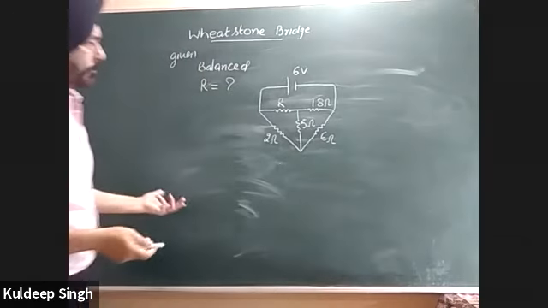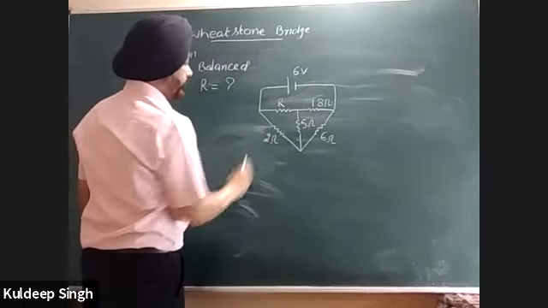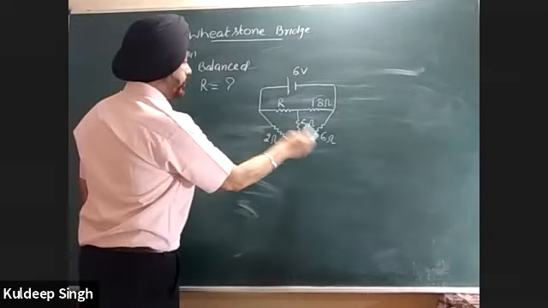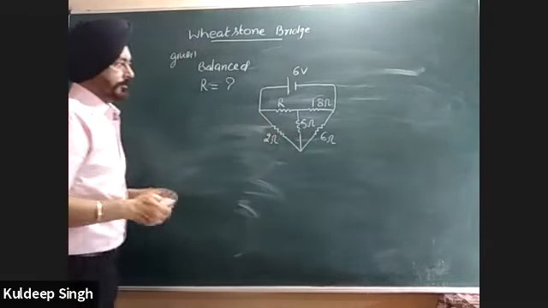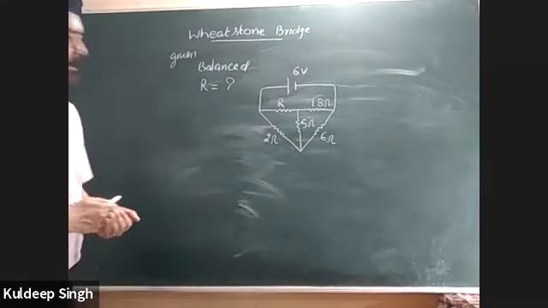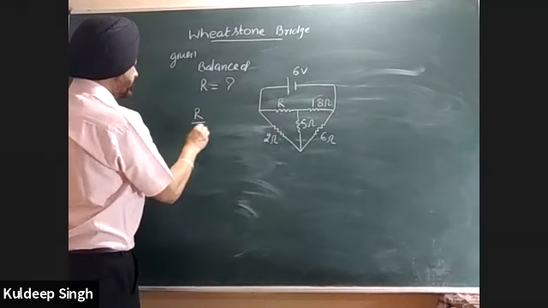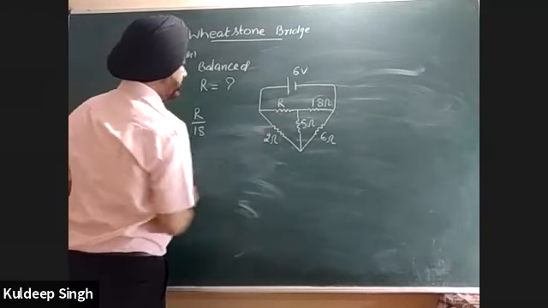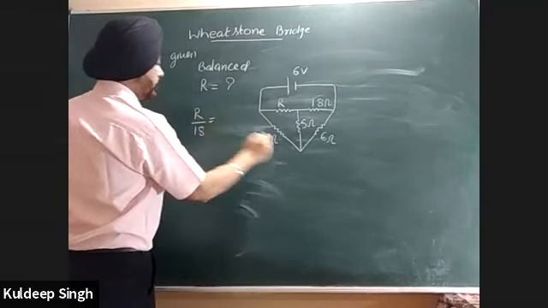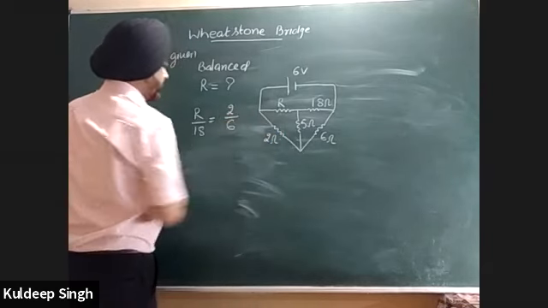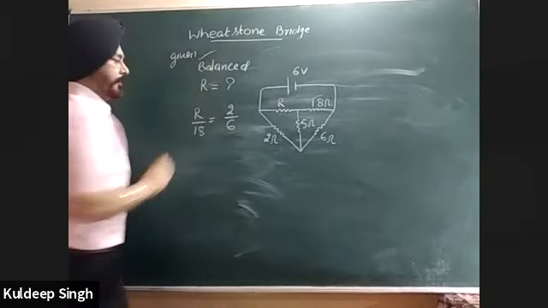So you know P by Q equal to R by S, and you want to write. So in this case, I will say R by 18 equal to 2 by 6, because it is balanced, given in the numerical.